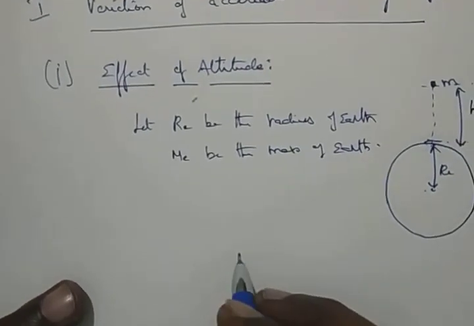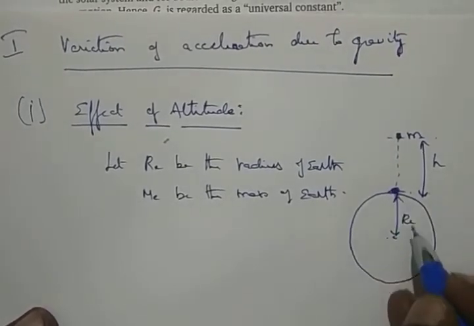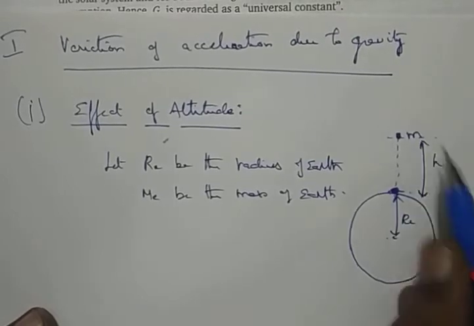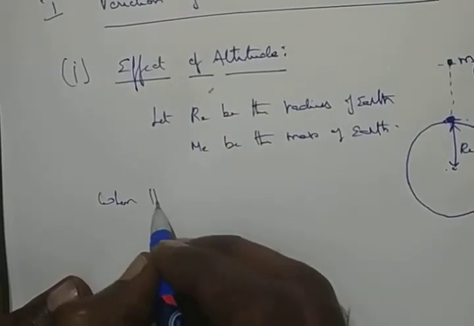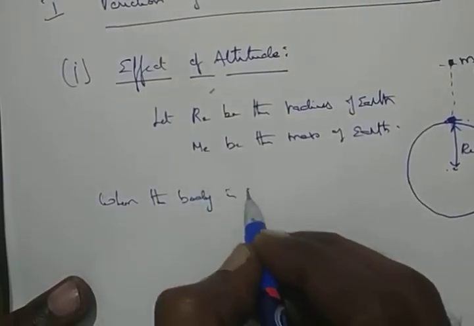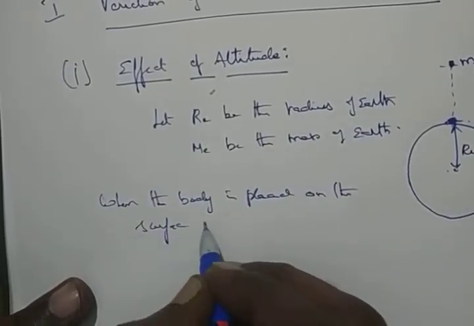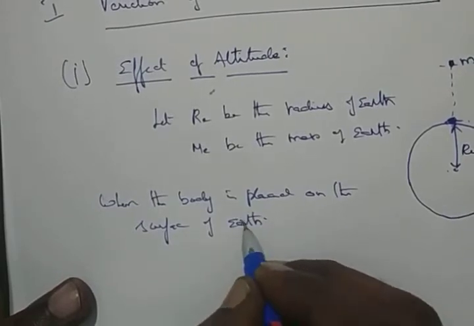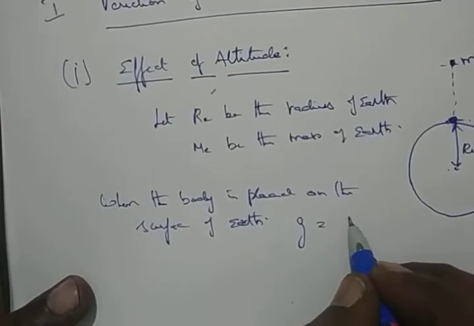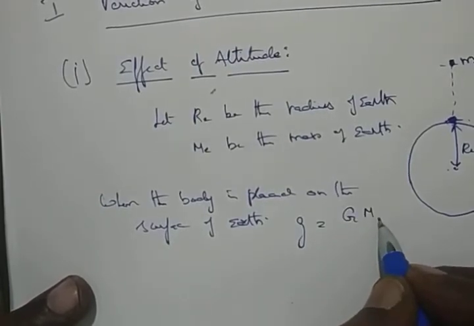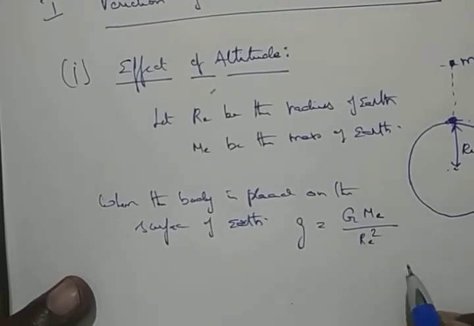So what happens at the two important points? One is this body was there earlier on the surface of Earth. Now the body is there at the height h. When the body is placed on the surface of Earth, g is equal to capital G M e upon R e square.